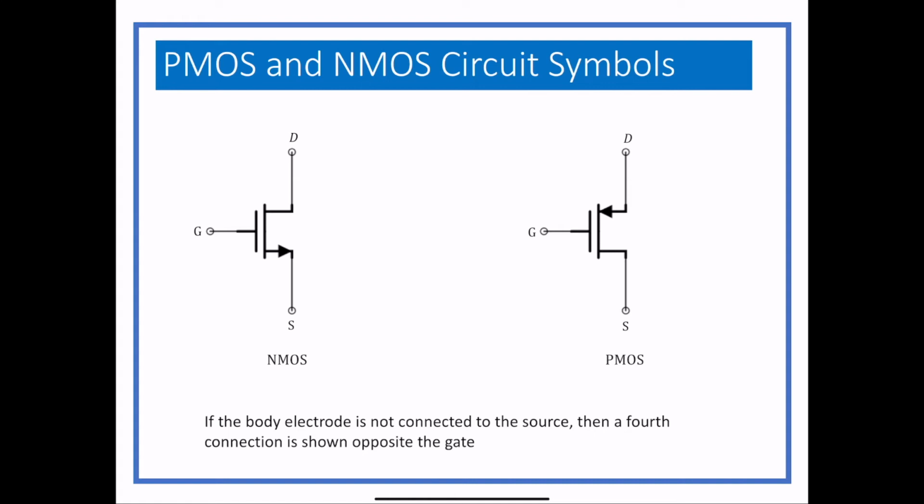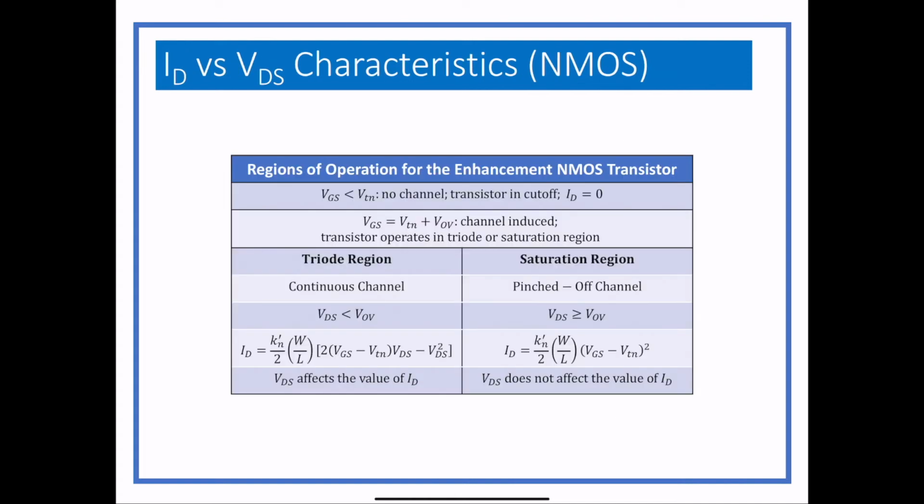But sometimes it's not, depending on what the application is. So a summary of the characteristics and how the equations work is here. I didn't go through how we get the equation for ID in the triode region, but you can see there's a square relationship where you have VDS and VDS squared, and it affects heavily the value of ID in the triode region.